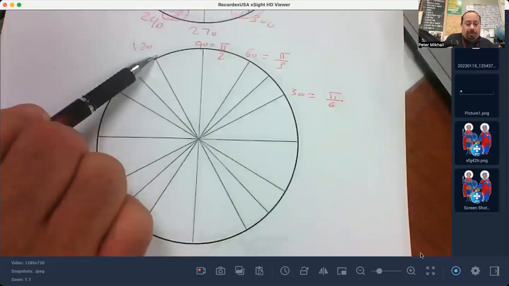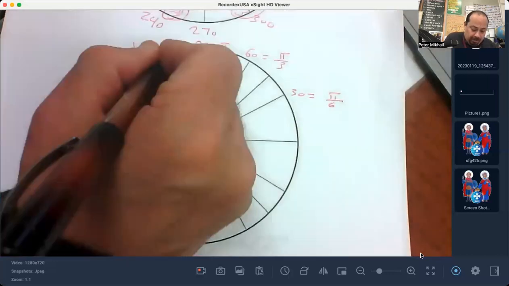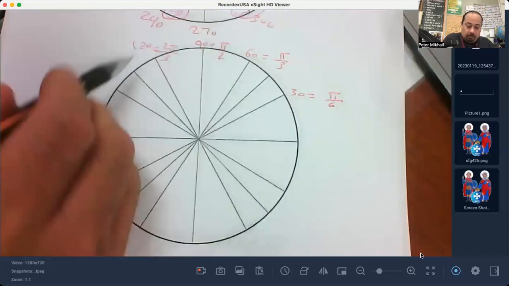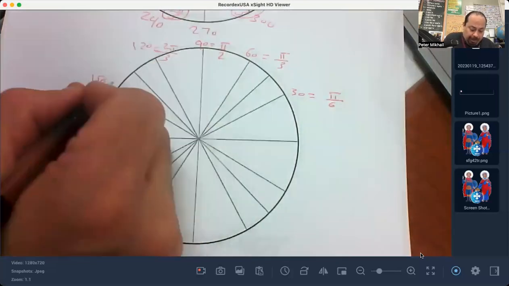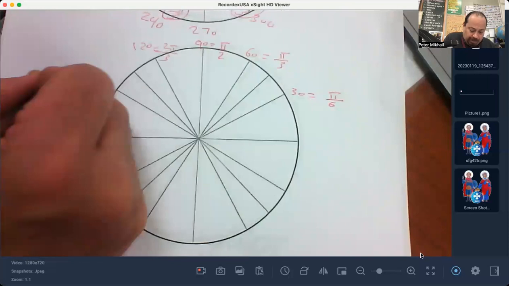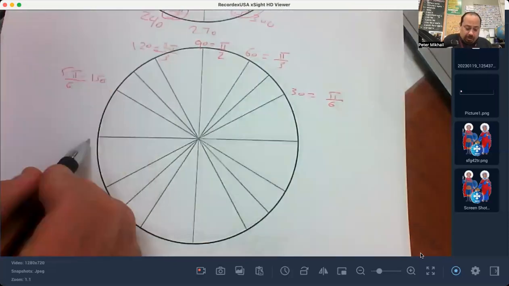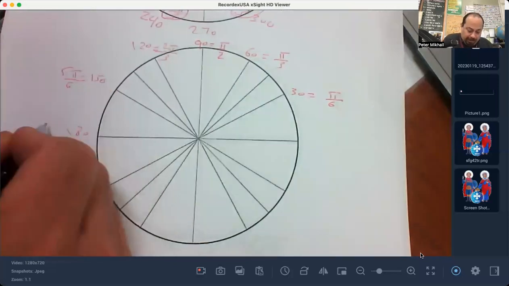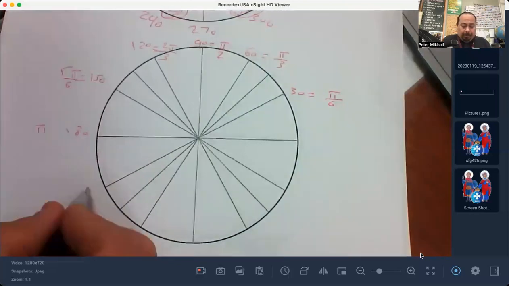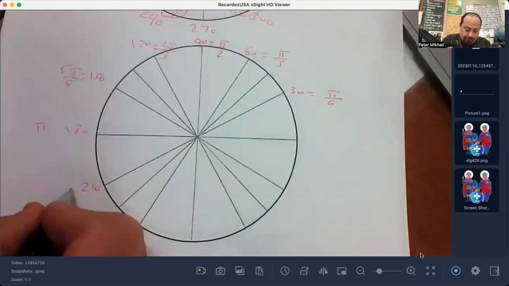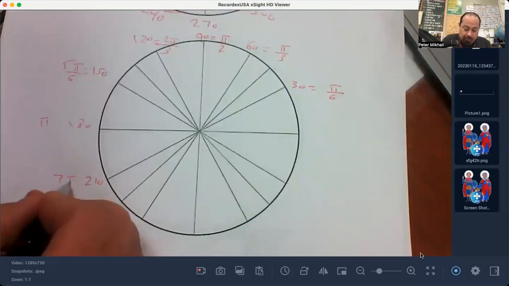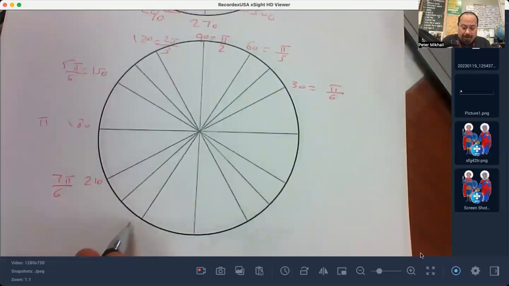That would be 4 pi over 6, which is 2 pi over 3. 150, that's 5 pi over 6. That is 6 over 6, which is 180. That is a pi. That is 7 over 6, which is 210. 7 pi over 6. That is 8 pi over 6, which is 240.